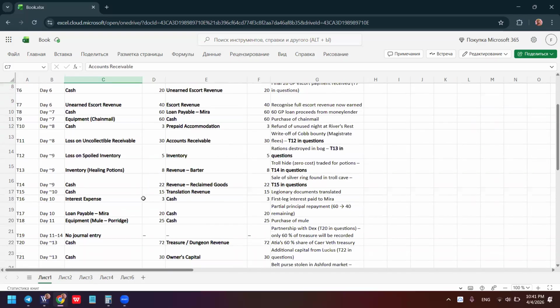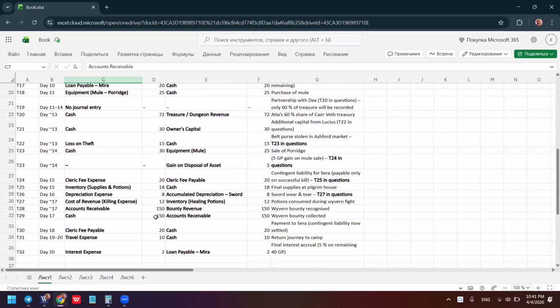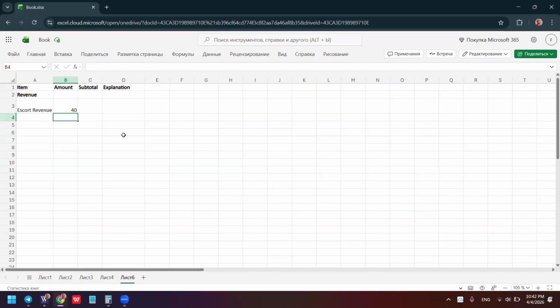And then later she receives 150 accounts receivable, another bounty. So it's part of her job, according to the story, if I'm not mistaken, going on an adventure and finding some stuff. I didn't get it fully, but it's kind of her job. Make some money, right?